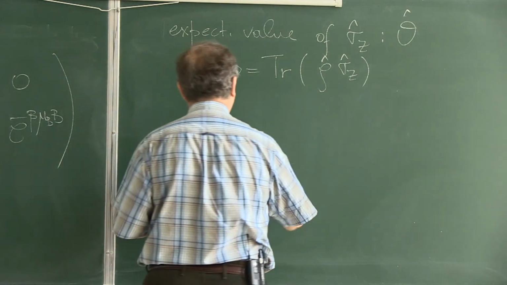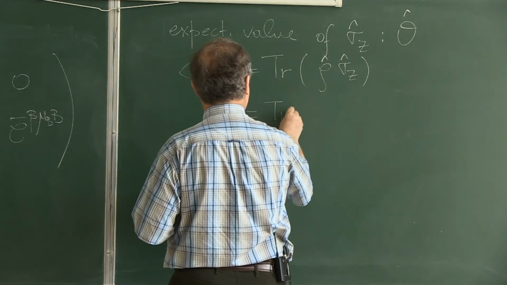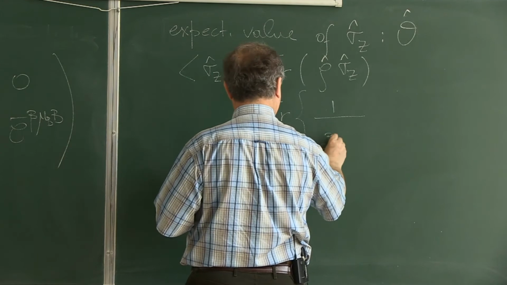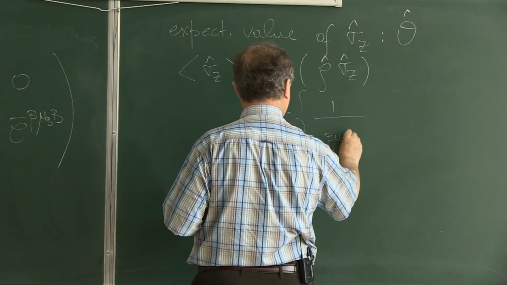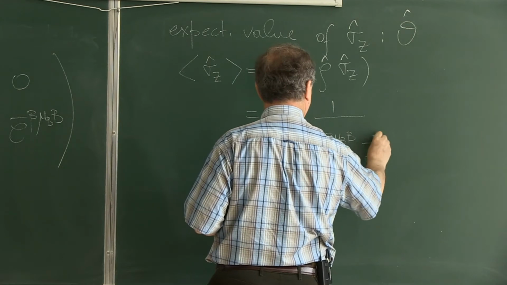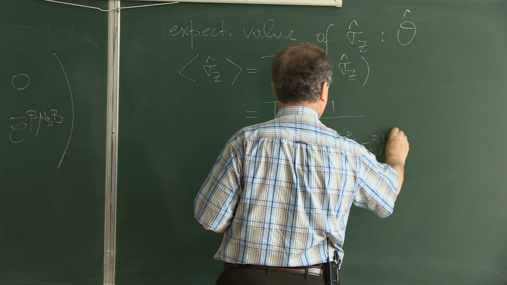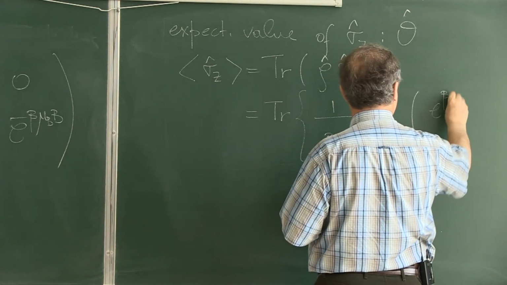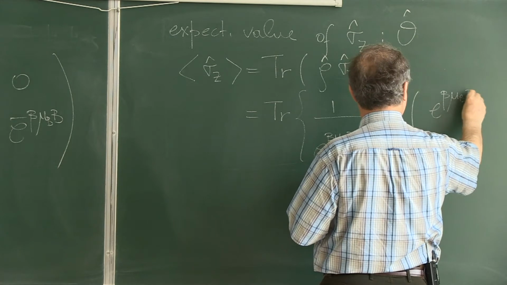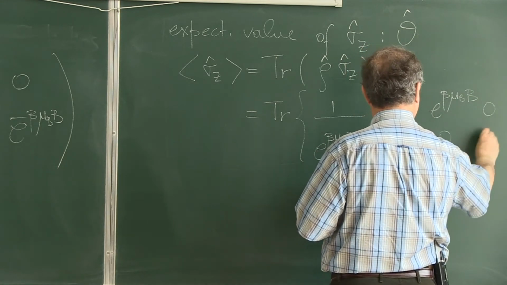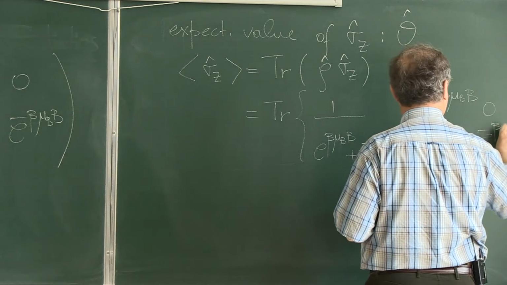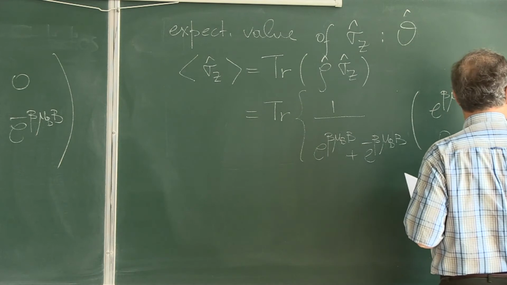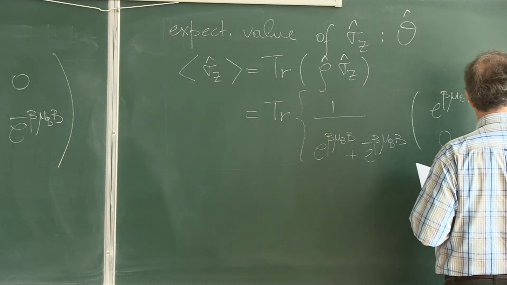Let's multiply the two things. Trace, well, 1 over e to the beta mu B plus e to the minus beta mu B. Two matrices are in this form: e to the beta mu B, 0, 0, e to the minus beta mu B, and 1, 0, 0, minus 1.